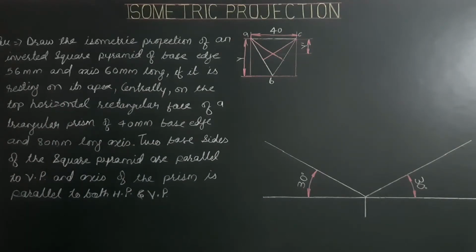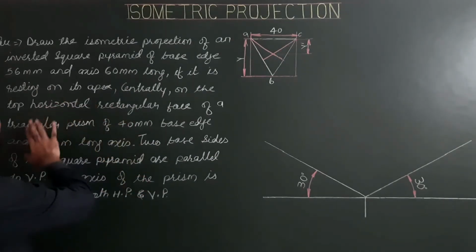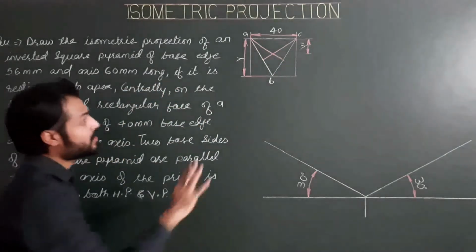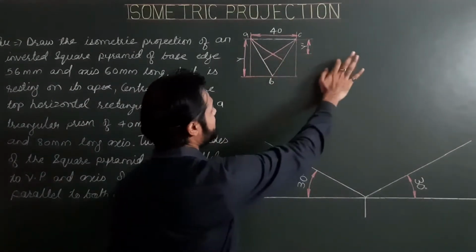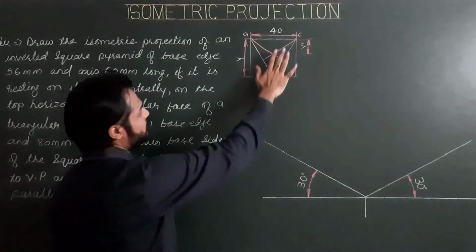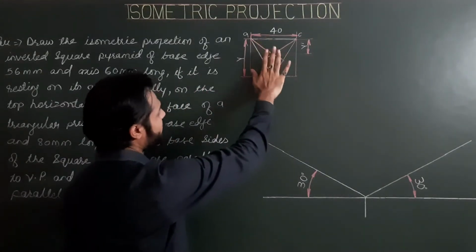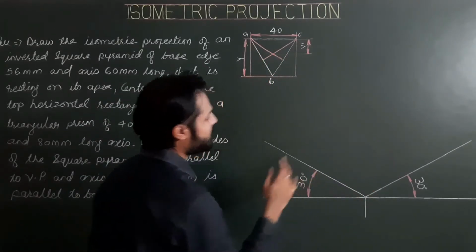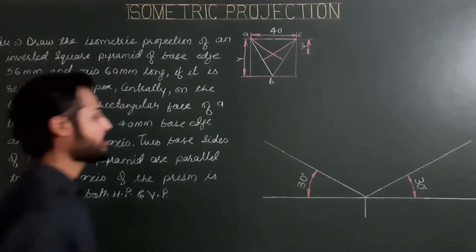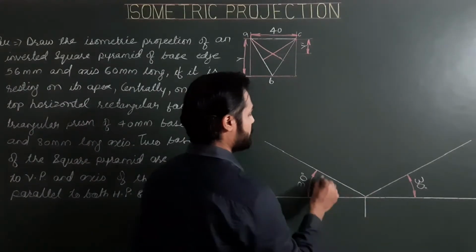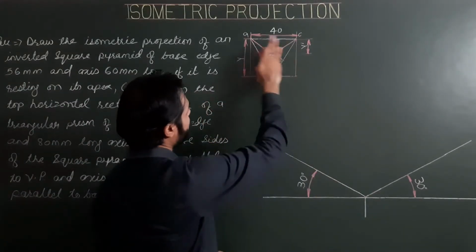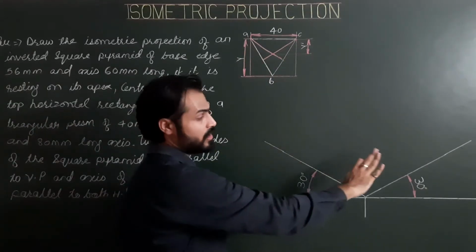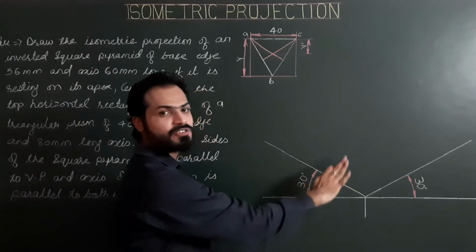Now we know that for projecting this triangular prism we have to start from its triangular base, but the triangular prism is resting on its generator. So the triangular base which we are required to project here will be on the vertical plane. So we have to project this triangular base along with the helping figure along the vertical plane of the iso set.